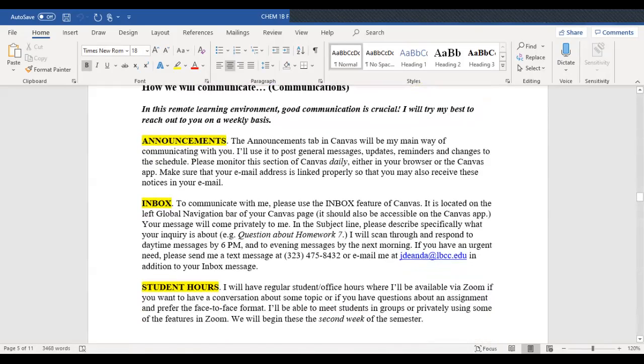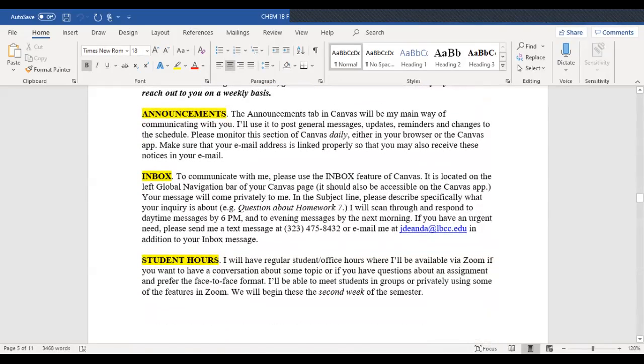Okay, I earlier mentioned the 2 ways that we communicate preferably. I communicate with you through announcements in the Canvas interface, and you would preferably communicate with me via the inbox. But again, you can text me. Here's my text message and my email. You can email me. Okay, no problem with that.